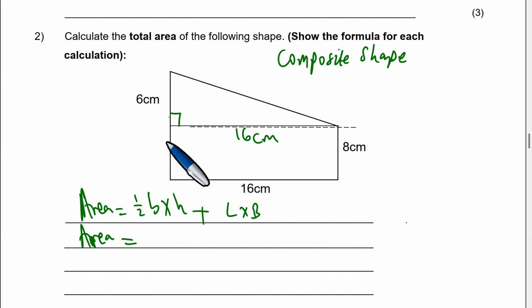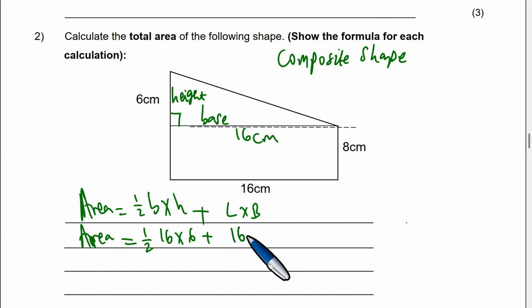Right, so this is the height, and the angle is 90 degrees there because the base and the height are perpendicular to each other. So if you look, the base is going to be this one with the triangle at the top. So 16 times the height, which is 6.